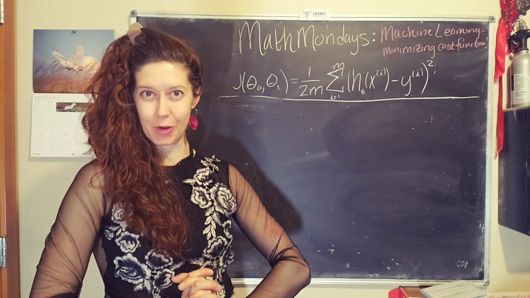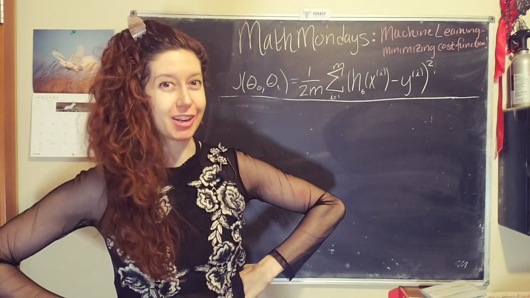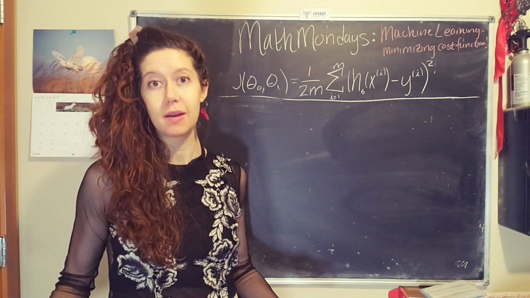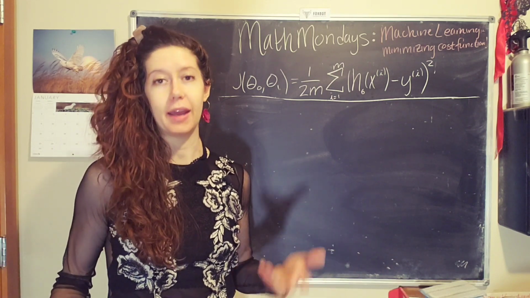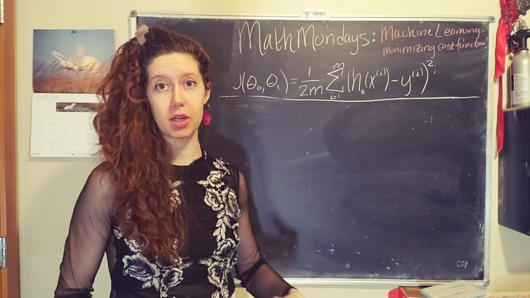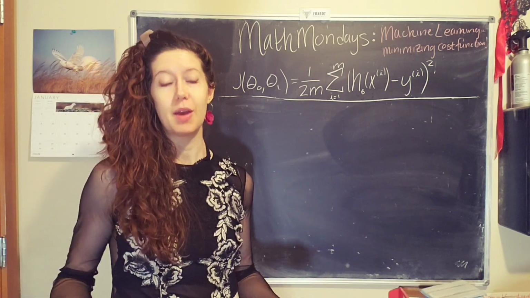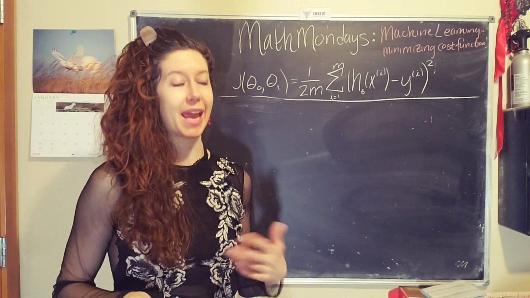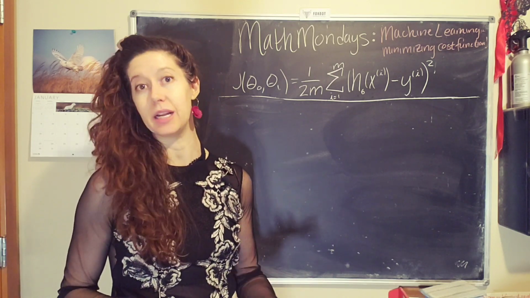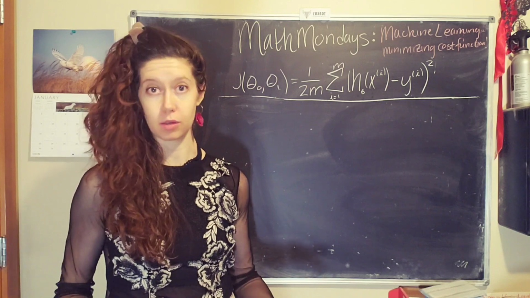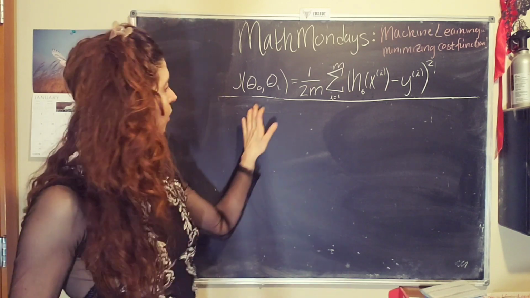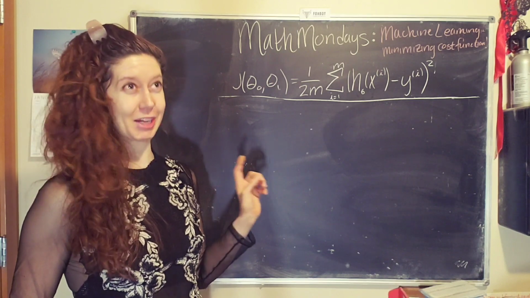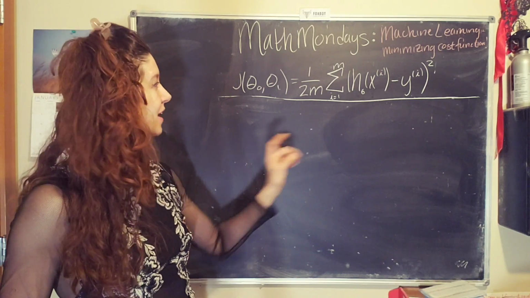In this episode of Math Monday's Machine Learning Edition, we are going to look at how we actually minimize the cost function. And remember, this is the equation that measures the difference between our machine learning predictions and the actual data that we train our model on. So, as a reminder, it's a tricky equation to remember.